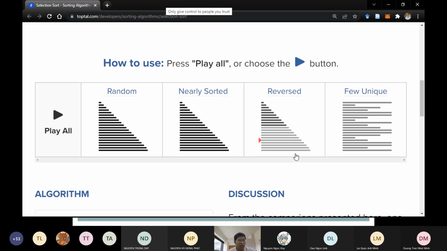Got it? Okay. So you see, you get the idea of selection sort? It's quite simple to explain now.